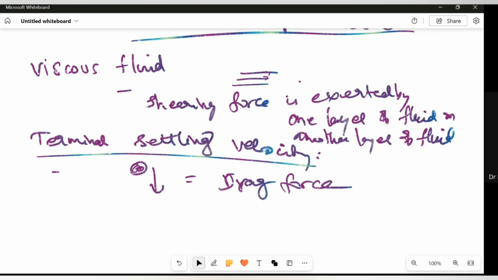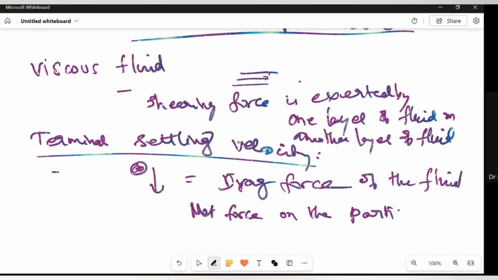Terminal settling velocity is the constant velocity reached by a particle when the gravitational force pulling it downward will equal the resisting drag force of the fluid. And at this point, the net force acting on the particle is zero.